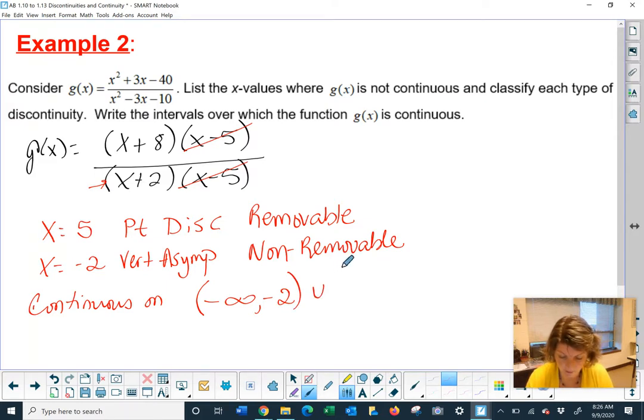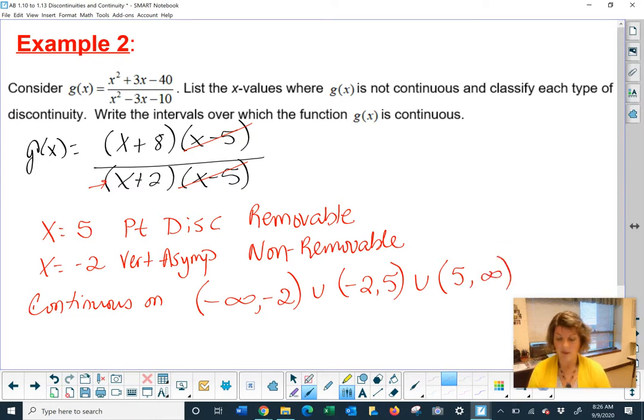And then I'm going to join that with -2 up to 5, and join that with 5 to infinity. So basically we've just hopped over the -2 and the x equals 5 spots.